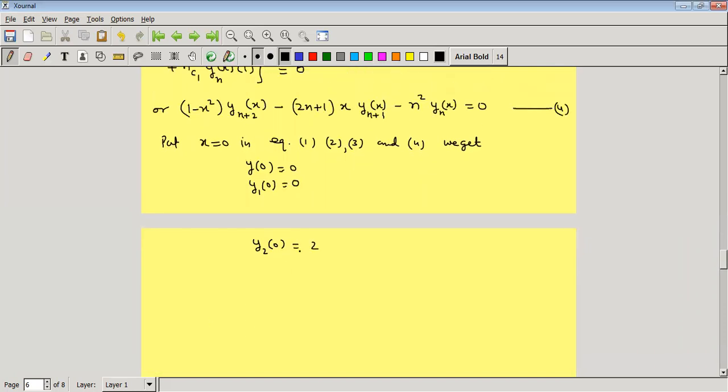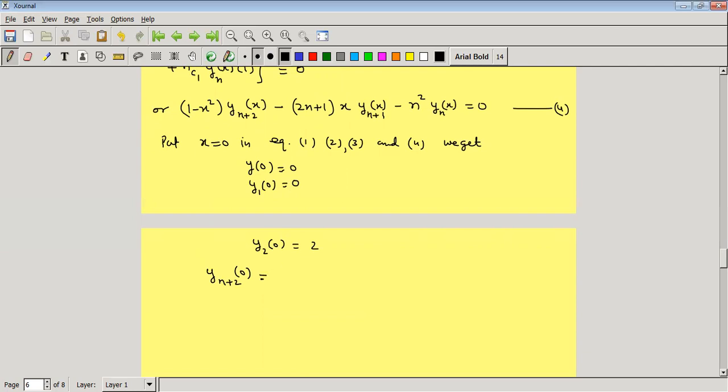Now for other terms, we use equation number 4. Now put x equal to 0. So 1 minus 0 square is 1, y(n+2) at 0. Second term, because x is a multiple, the whole term becomes 0. Minus n square into yn(0).